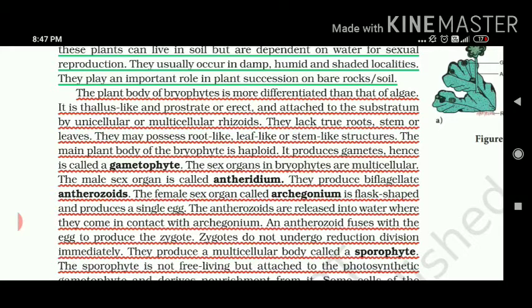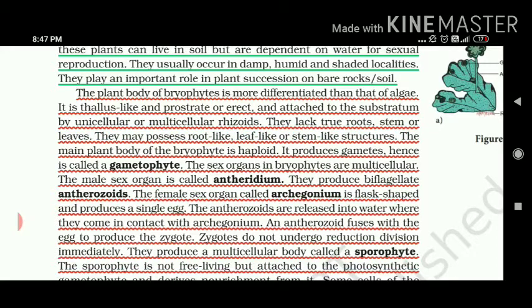The plant body, gametophyte or sporophyte, can vary. They can either be haploid or they can be diploid. Now, usually in humans or in higher plants or animals, zygote undergoes reductional division, right? But here zygote will not undergo any reductional division.